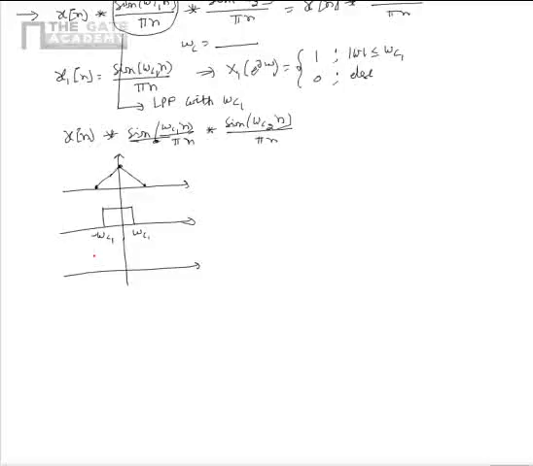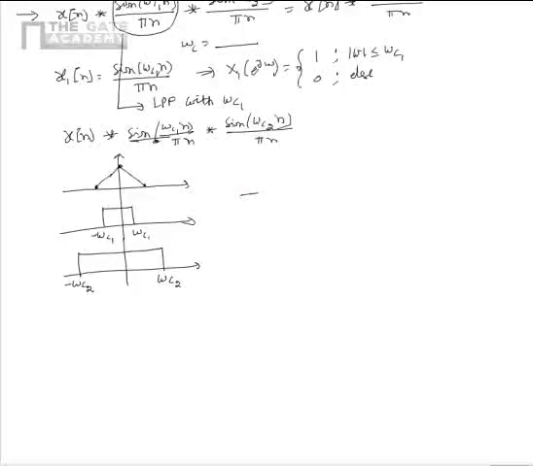So this again is equivalent to multiplying the resultant signal with a low pass filter of cutoff frequency minus omega c2 and plus omega c2.